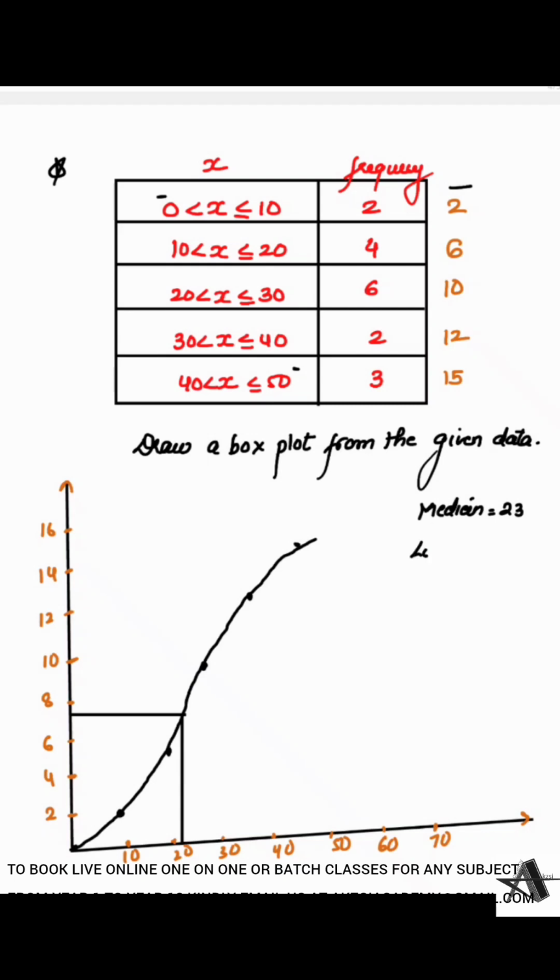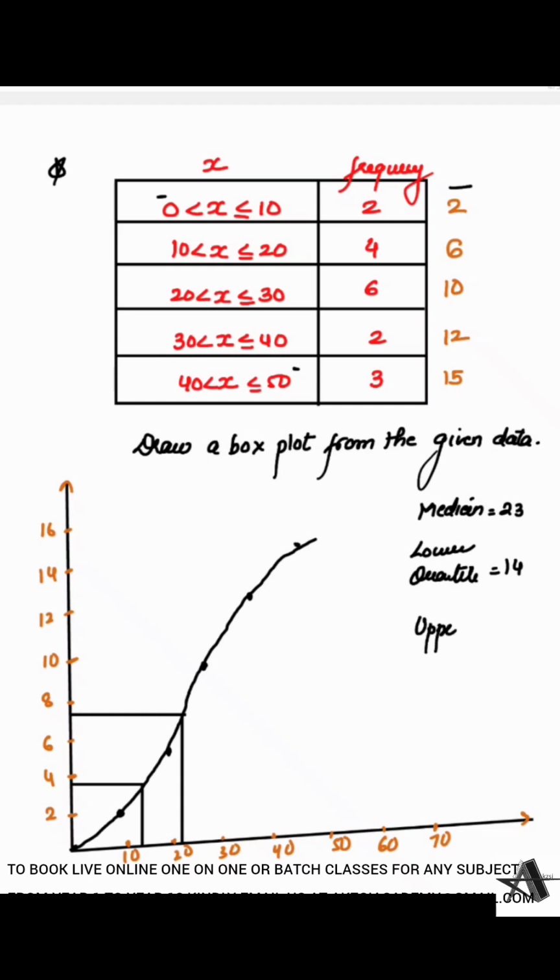Then the lower quartile. The lower quartile is 1/4, so 15 by 4, approximately 3.7. It's an approximation I'm giving. At 3.7, somewhere here, draw a horizontal line and then a vertical line, and we take it as 14, let's say.